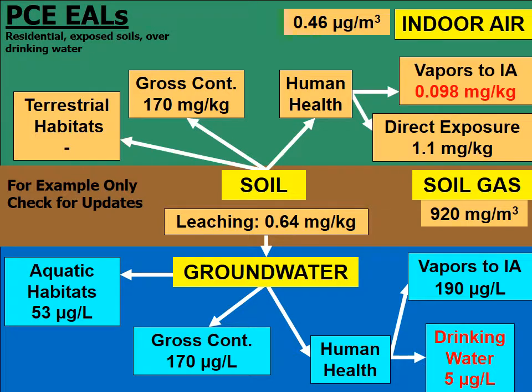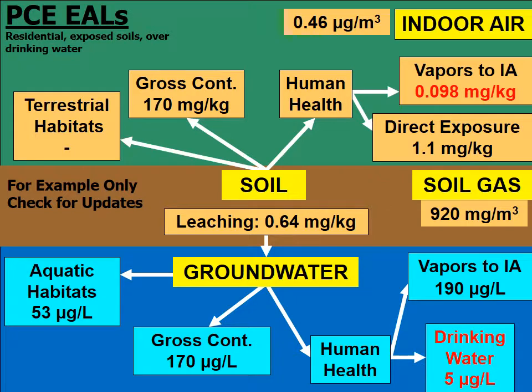If you collect a sample and the data are below this lowest action level for all the concerns, then you're done. All the other concerns aren't going to be an issue either. So for soil, you see the lowest action level for PCE residential soils over drinking water is 0.098 milligrams per kilogram. This just happens to address vapor intrusion to indoor air. So that's our final action level for PCE under this scenario.